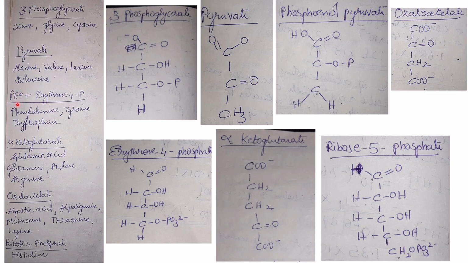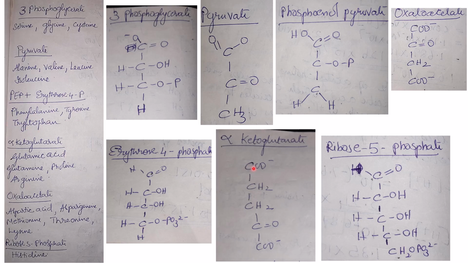Then you have PEP, that is phosphoenolpyruvate, and erythrose 4-phosphate. Erythrose 4-phosphate means a 4 carbon compound. Phosphoenolpyruvate is again a 3 carbon compound, but it has a phosphate group attached over here. So that is involved in the aromatic amino acids, that is phenylalanine, tyrosine and tryptophan.